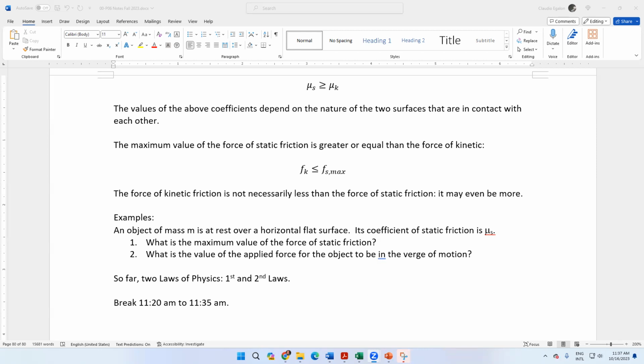Okay, so let's take a look. Example. Okay, so I'm going to make two different examples here.